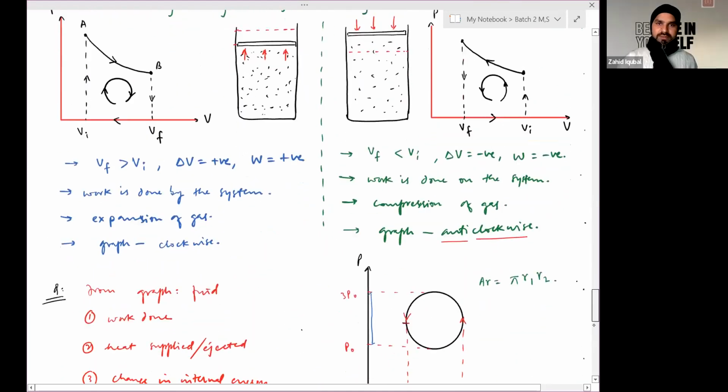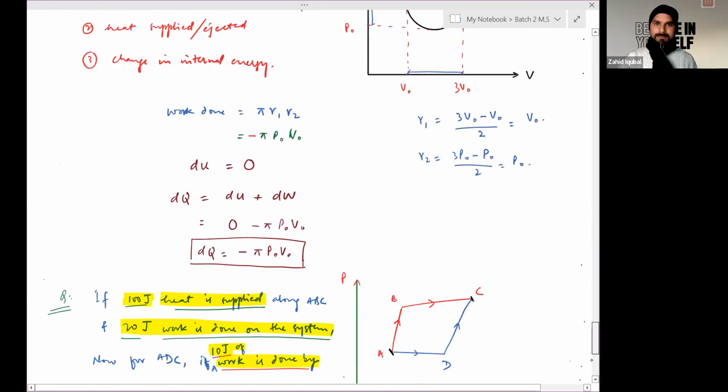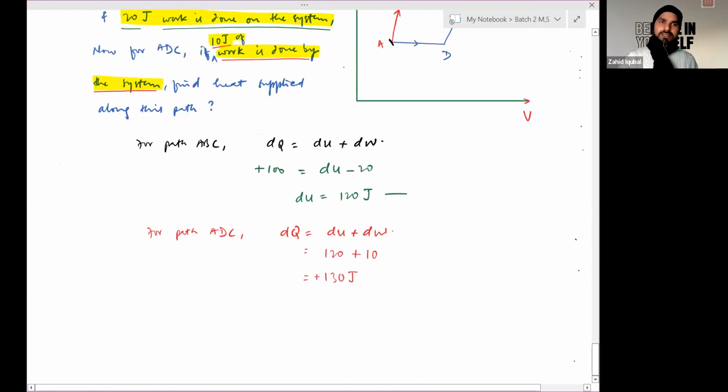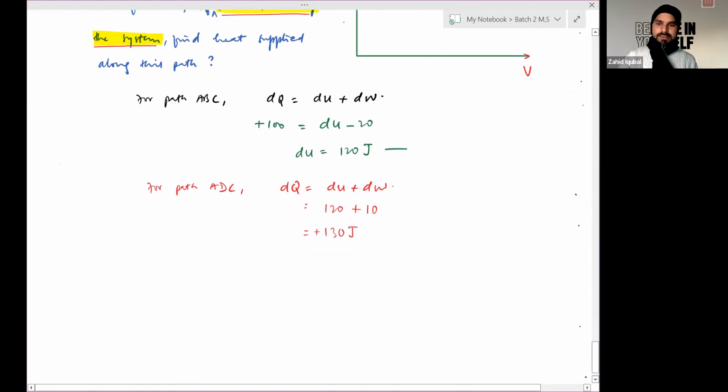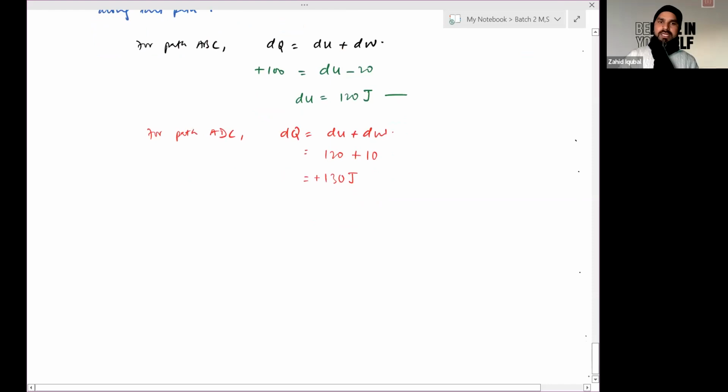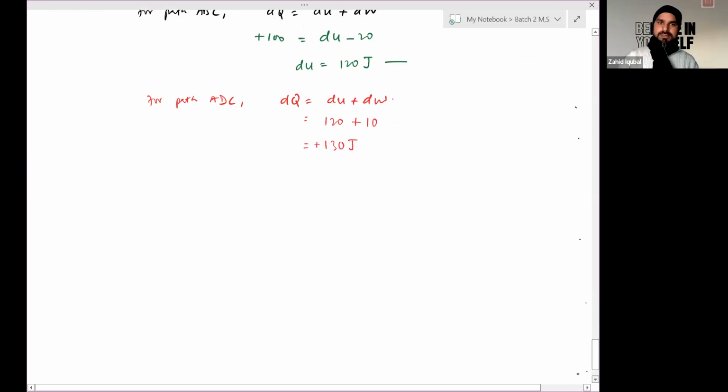Okay, I just defined the basic concept of these three terms: internal energy, work done, and heat supplied to the system. Next, we have to start with thermodynamical process.